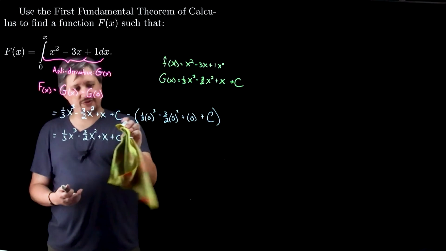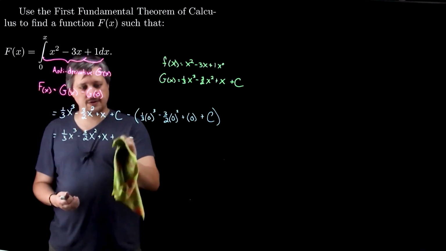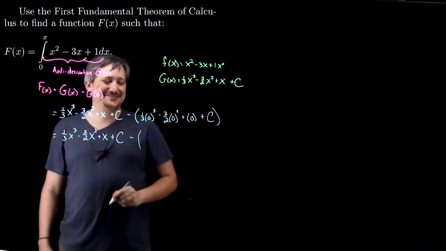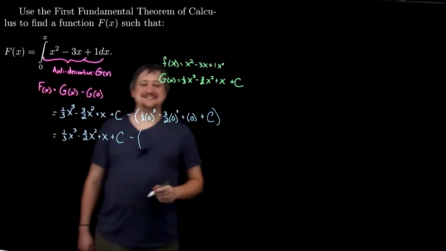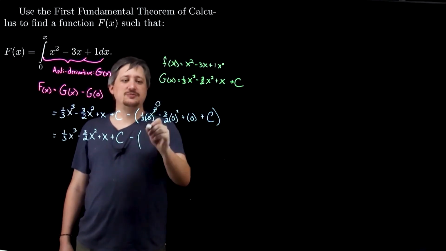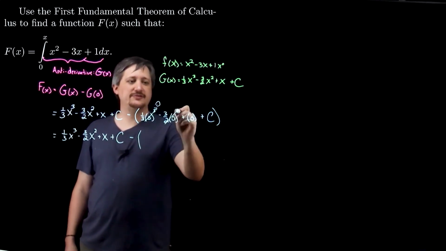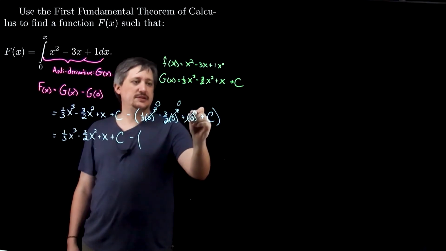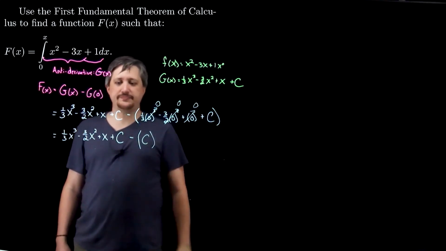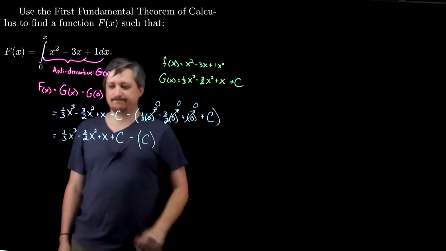Again, by convention this should be a capital C, and I want to make that clear because I am a stickler for details. Sort of an occupational hazard. So let's see, this is 0, because 0 cubed is 0 times 1/3, still 0. Similarly, that's 0. Well, that's clearly 0. So the only thing that's left is C.